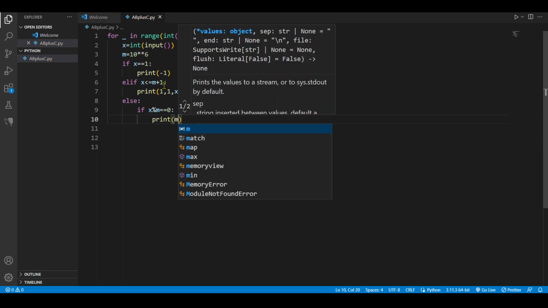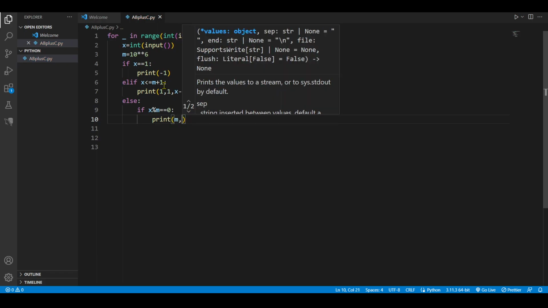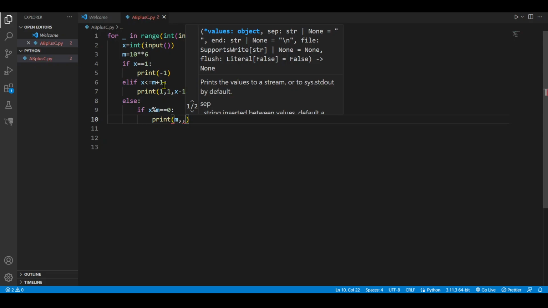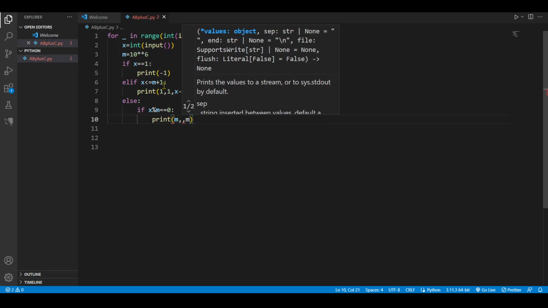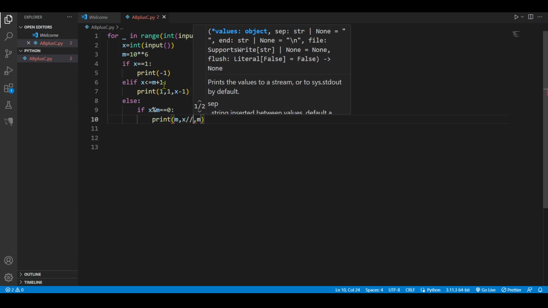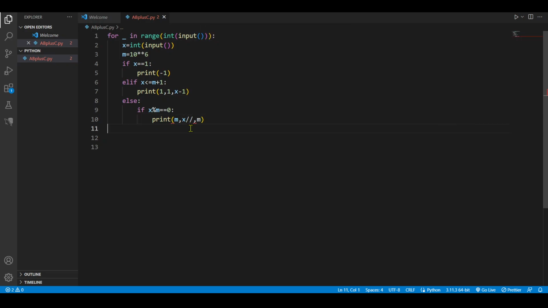It will be m, then c will be m, and b will be x integer division by m, and it is divisible by m, so we can use division also, but we have to typecast that value to integer, because that division will return a floating value.